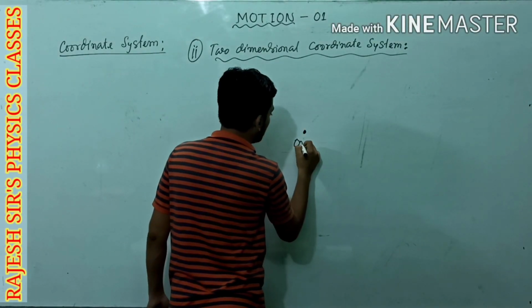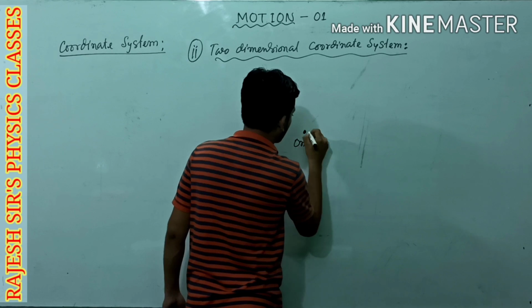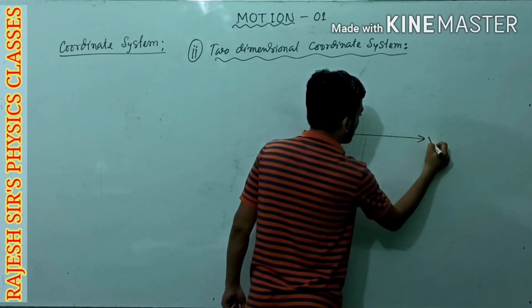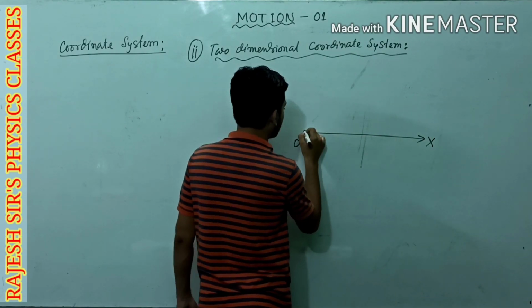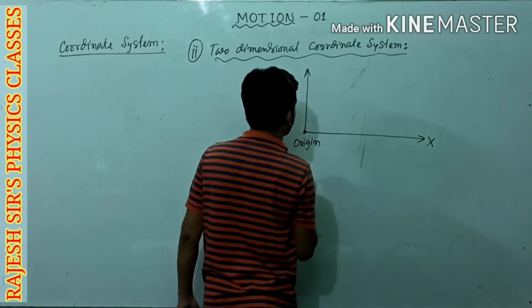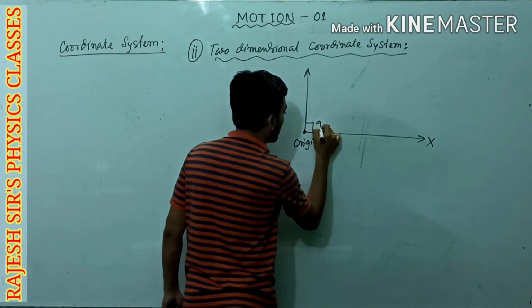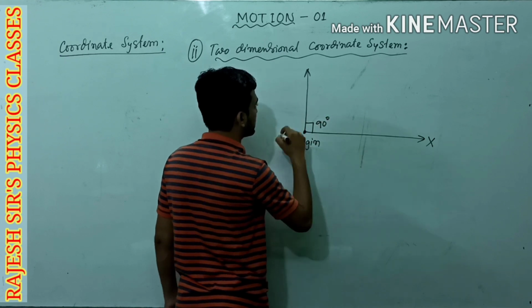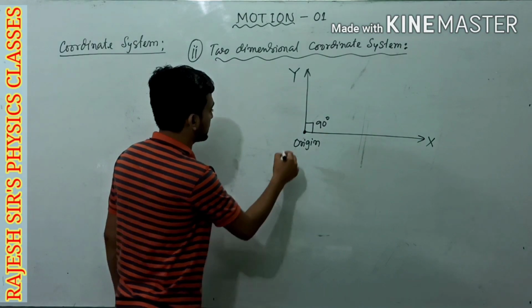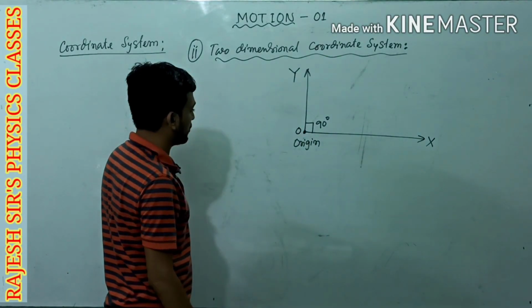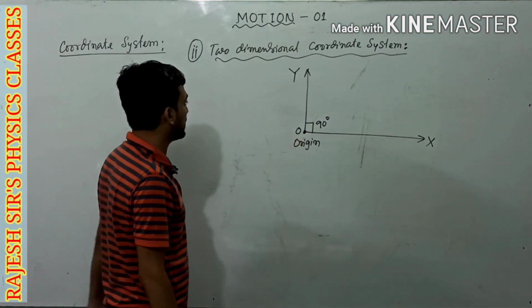Suppose this is the origin, and here is the horizontal reference axis known as x-axis, and another vertical reference axis we are considering at an angle of 90 degrees to the horizontal axis, and this axis will be known as y-axis, and O is the origin.